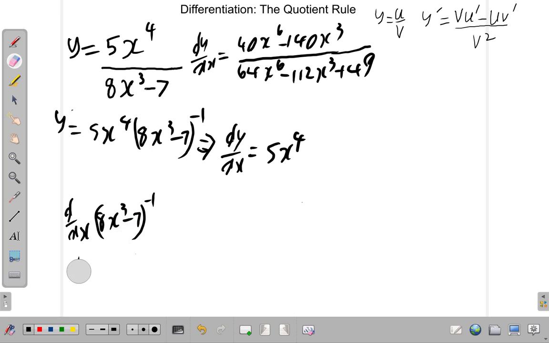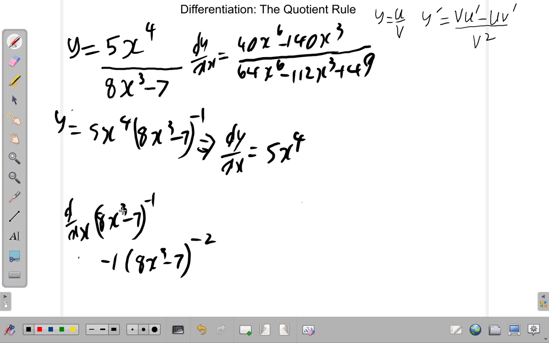That skill will allow you to do something like this. You see all of this, you realize that the inside function is 8x cubed minus 7. You find the derivative of all of this to the negative 1. What you would get is negative 1 times all of this, (8x cubed minus 7) to the negative 2.